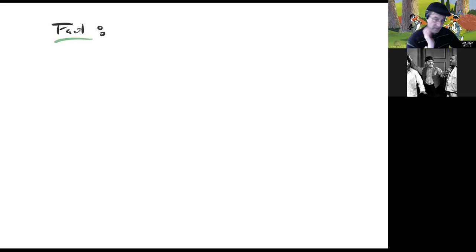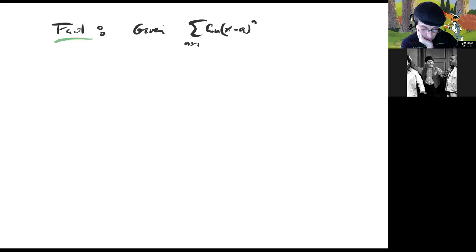Given a power series, the summation of c sub n times (x minus a)^n centered at x equals a, where n goes from 0 to infinity, there are exactly 3 possibilities.